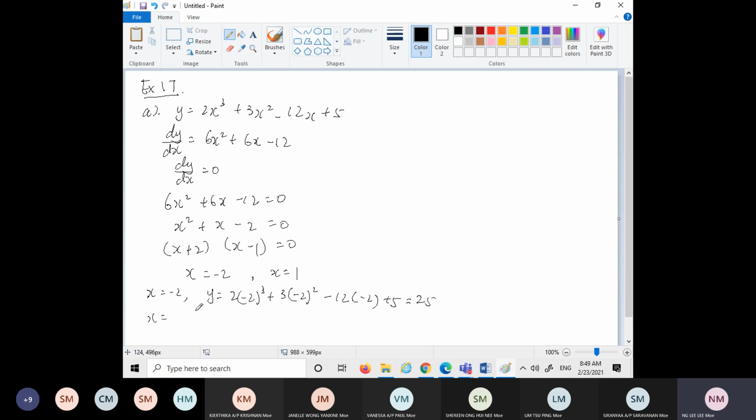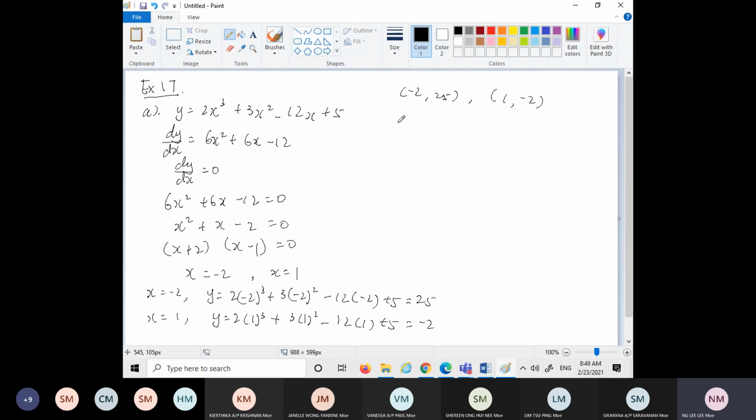For the other one, the same thing: 2(1)^3 + 3(1)^2 - 12(1) + 5, equals -2. So you have a point (-2, 25). The other point is (1, -2).